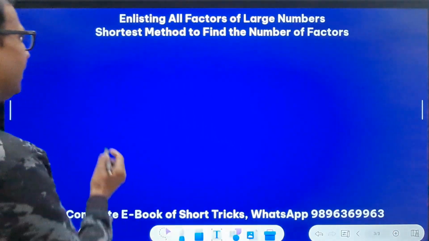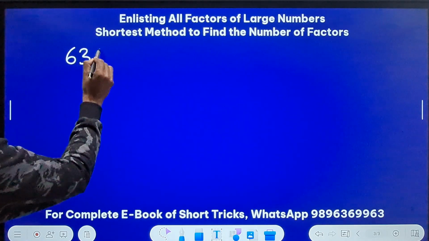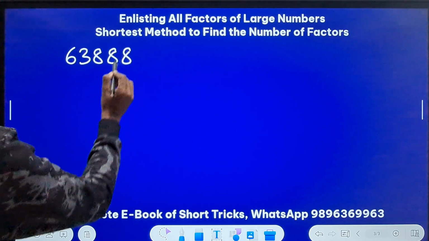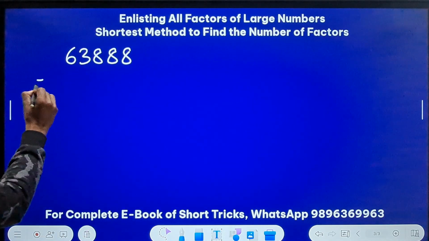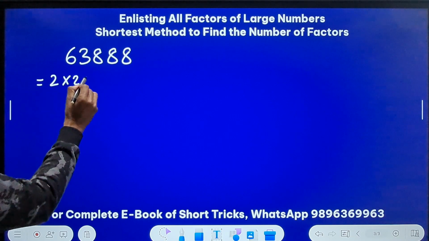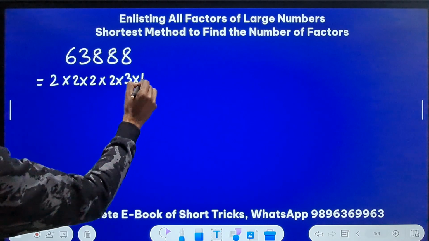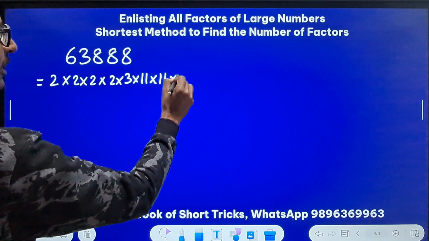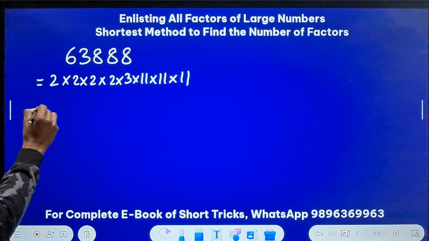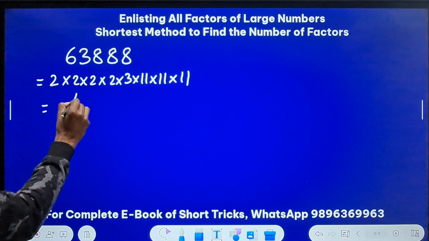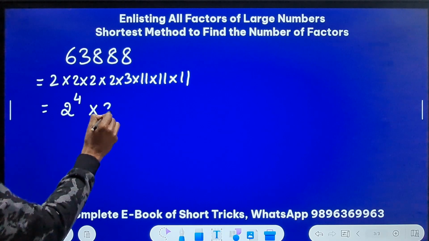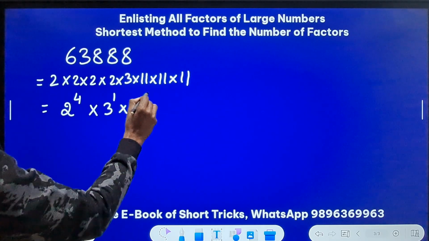Suppose you have a number like 63888. Now if I make factors of this, this is 2 times 2 times 2 times 2 times 3 times 11 times 11 times 11. Now this is the prime factorization of this number. Converted into exponential form, 2 raised to power 4, 3 raised to power 1 and 11 raised to power 3.